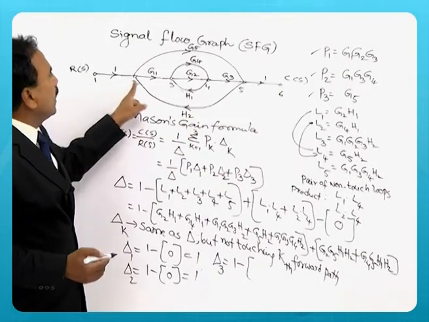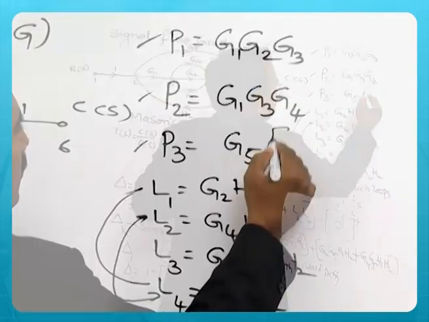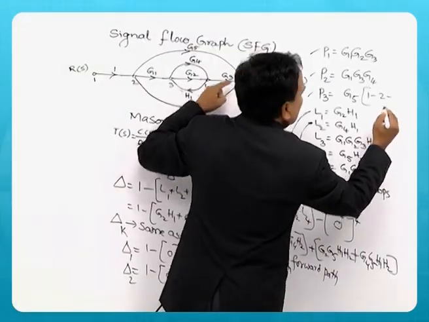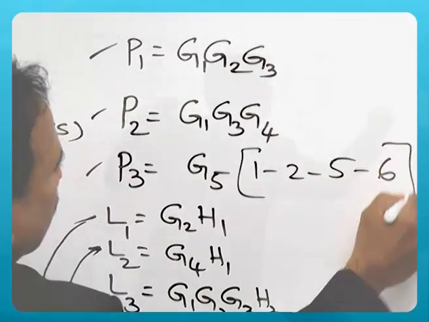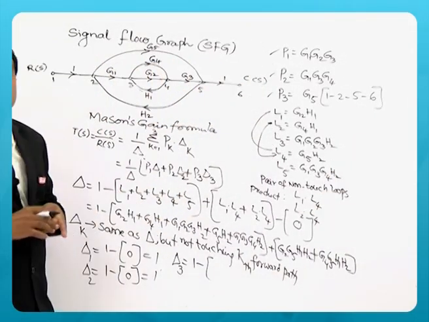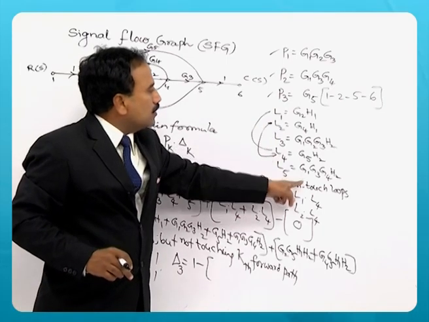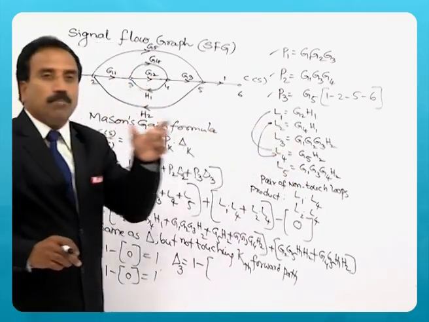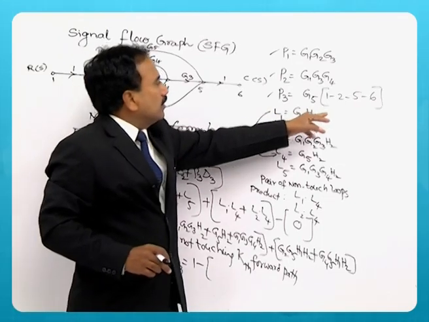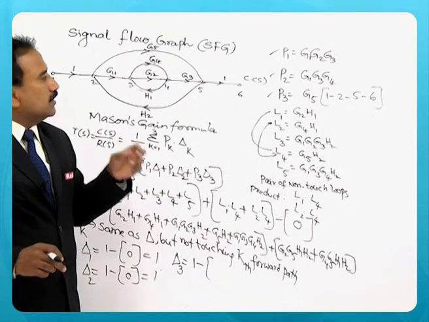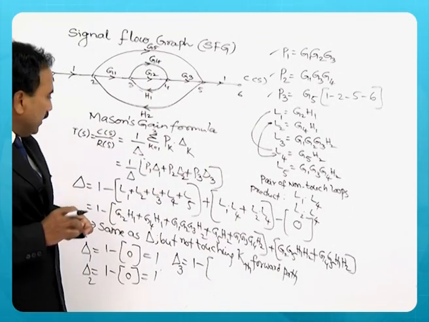Because if you see the path, let me write here, this G5 you got from 1, 2, then 5, 6. Very easy now to see that these loops also you can represent the path, and then you should identify the loops which are not touching this third forward path.